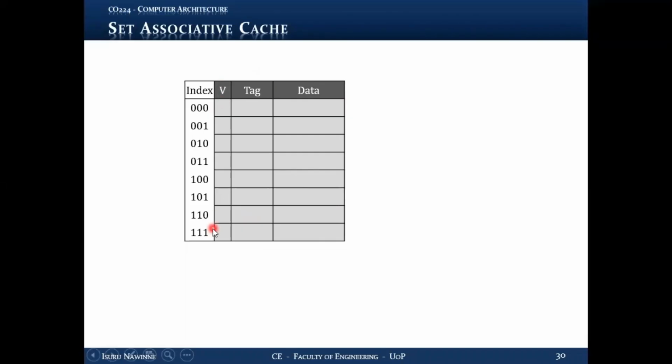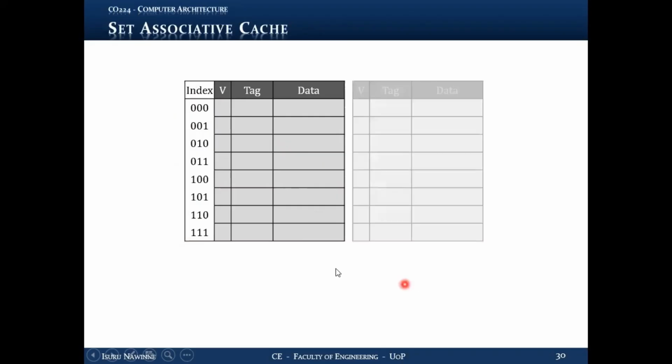You can have a dirty bit array depending on your write policy, but let's just ignore that for the moment. Then you need indices to access these individually, right? So that is the direct mapped cache structure. The index bits are actually not stored, but you use these indices to refer to these different entries, right?